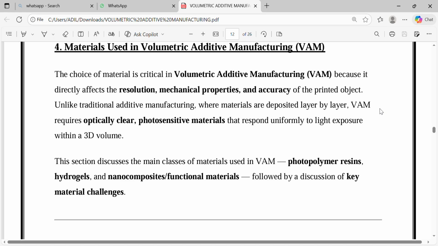Unlike traditional additive manufacturing, where materials are deposited layer by layer, VAM requires optically clear, photosensitive material that responds uniformly to light exposure within a 3D volume. This section discusses the main classes of materials used in VAM: photopolymer resins, hydrogels, nanocomposites, and functional materials, followed by a discussion of key material challenges.